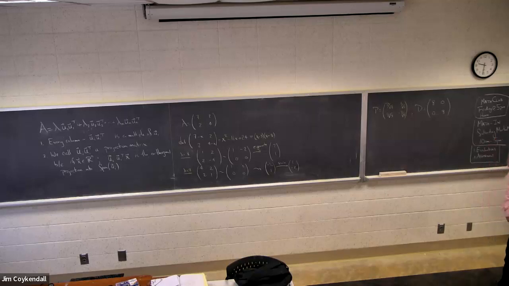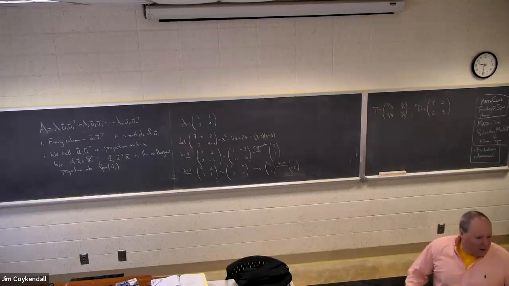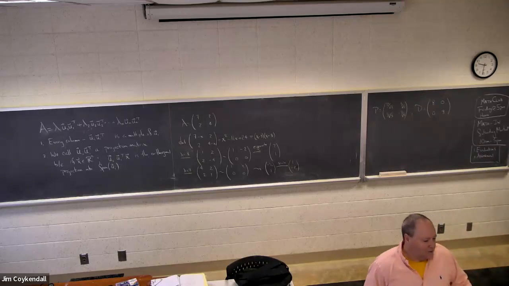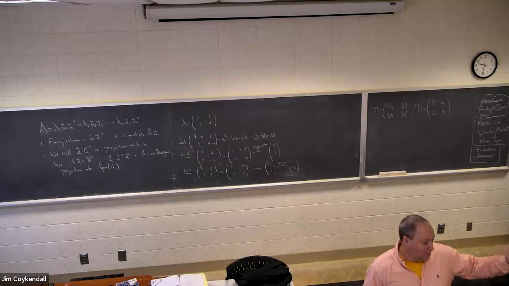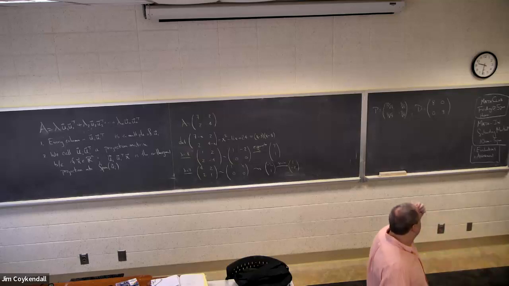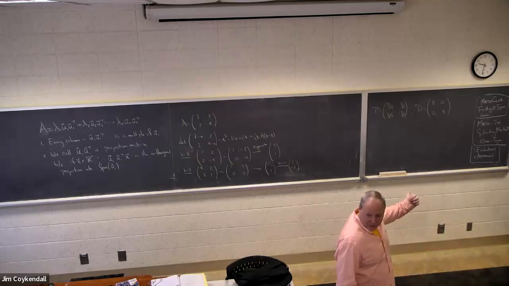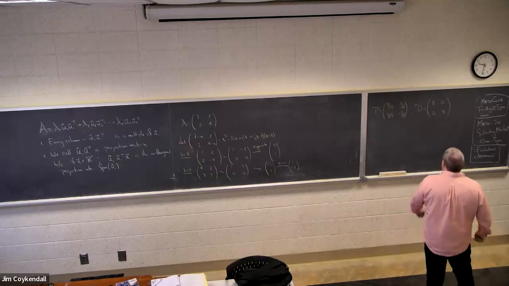But this is kind of cool because it's an example of a matrix that squares to itself, and it's not something silly. Remember how earlier in the class I said how many 2 by 2 matrices square to the identity? And we said, well, there's at least, I think we got at least 4: 1, 1 on the diagonal, -1, -1 on the diagonal, -1, 1, and 1, -1. Here's another one. So apparently they're all over the place.